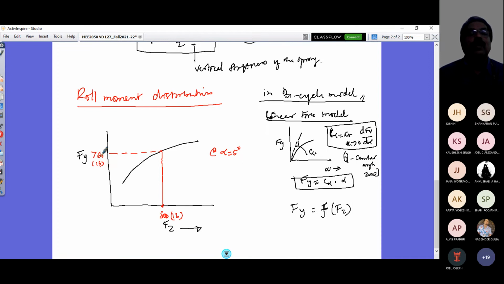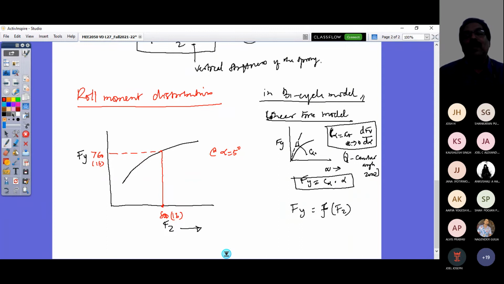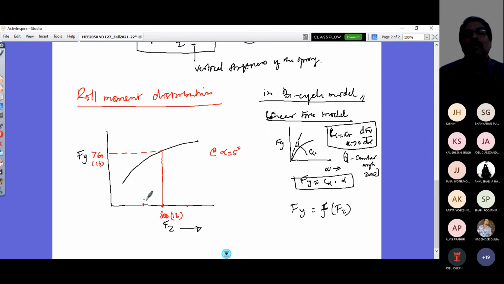If I now consider the two wheels of a vehicle, one on one side and the other on the other side, in an axle in hard cornering, the inner one would typically reduce to 400 pounds and the outer one would increase to 1200 pounds.